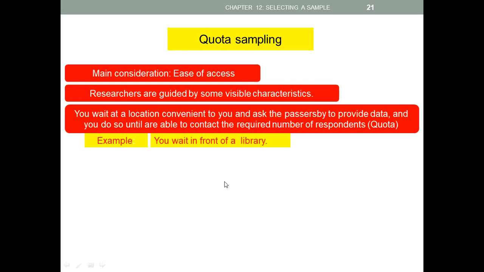Freshly used the library is operationalized as those who have visited the library in the last 6 weeks. So don't do that. What you need to do is to wait in front of the library, or seek permission from the librarians, get into the library, deliver the questionnaire to the people over there who are using the library, and ask them to fill in the questionnaire.